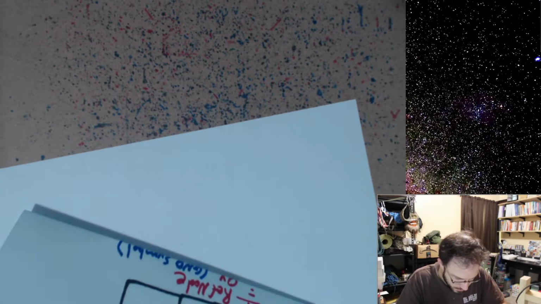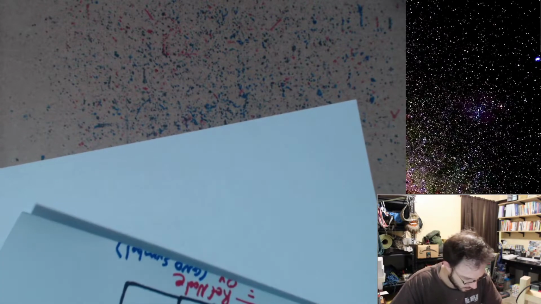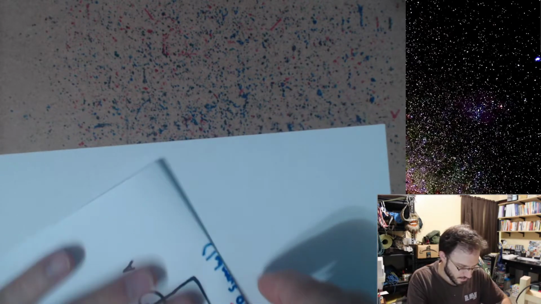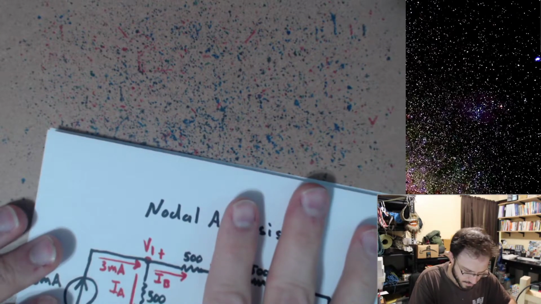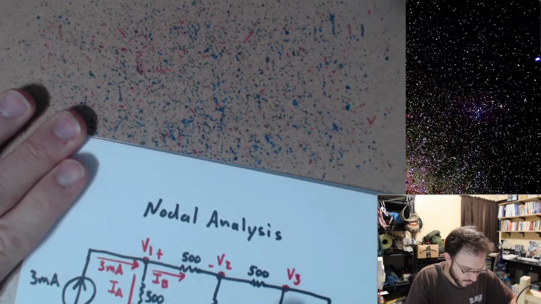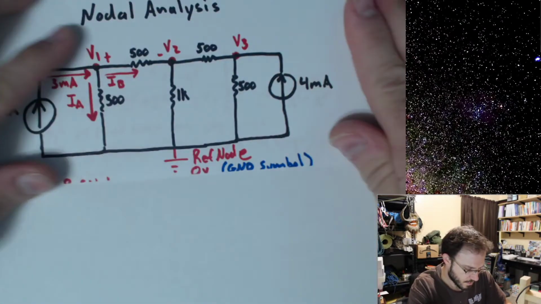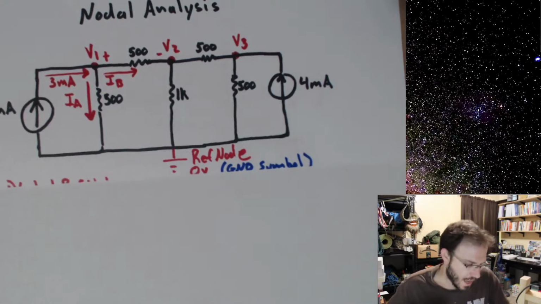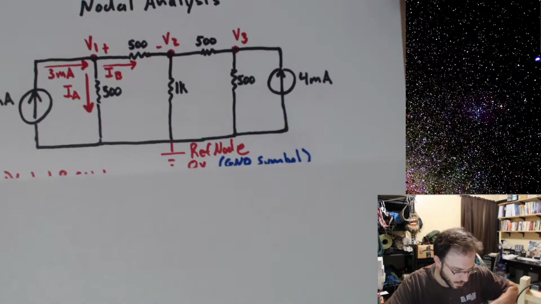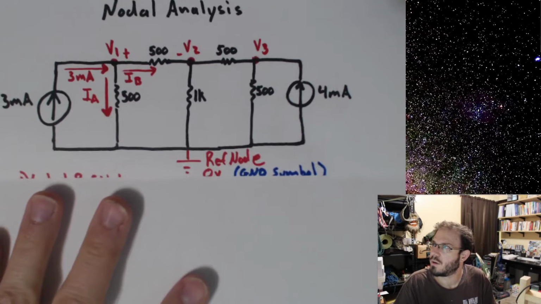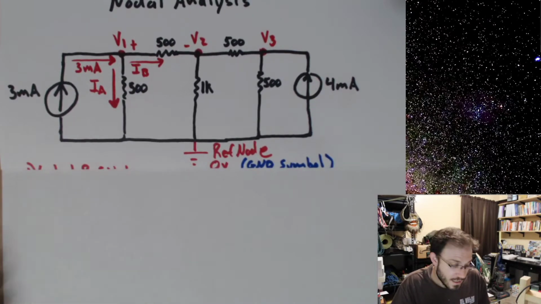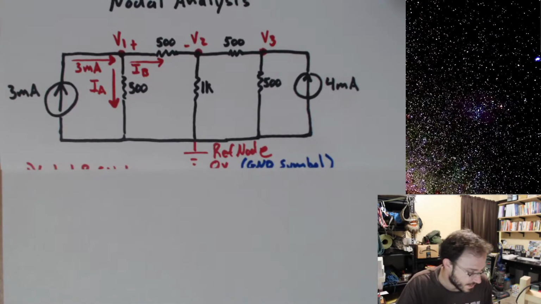I am not a master of origami. Okay, now for writing this next equation for node V2, I'm going to go ahead and use a different color. You'll see why in a second.